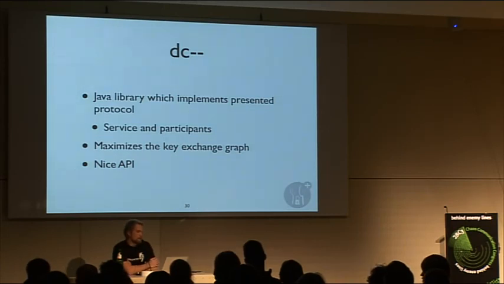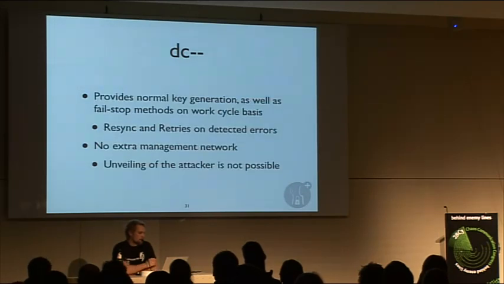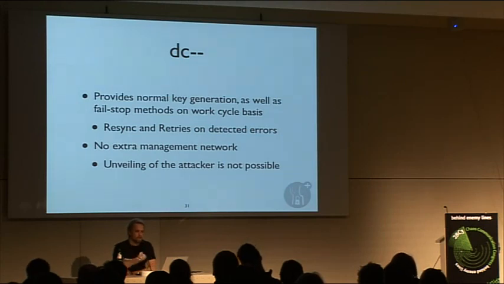And it offers a nice API, so even if you don't really understand everything what I just said, you could use it and provide some anonymous communication for your applications. It provides normal key generation as well as these fail-stop mechanisms, but it's also open to new key generation algorithms, and they are quite easily pluggable.